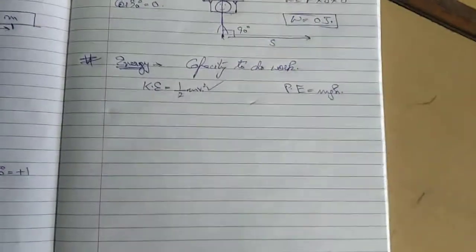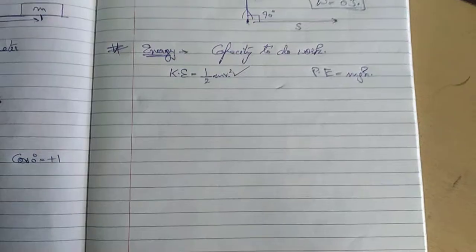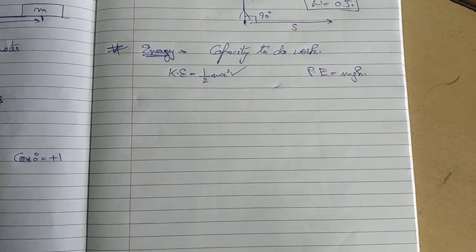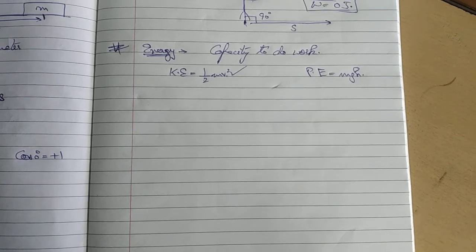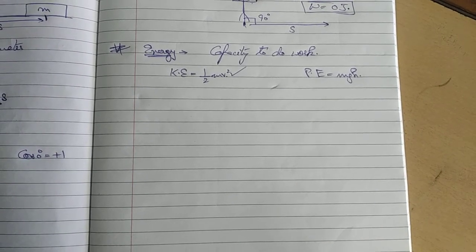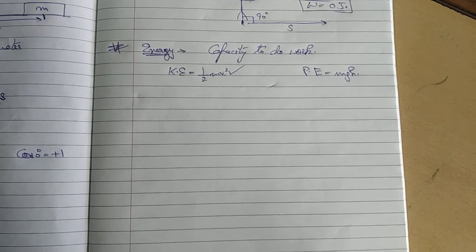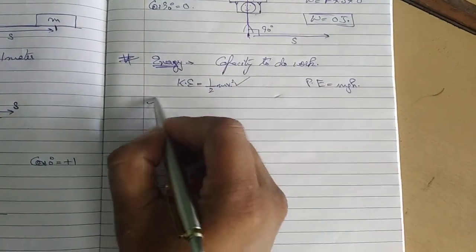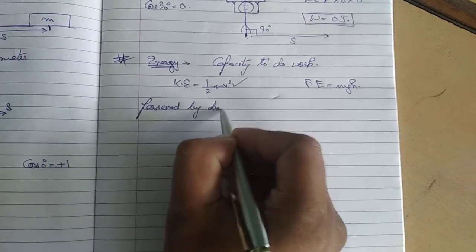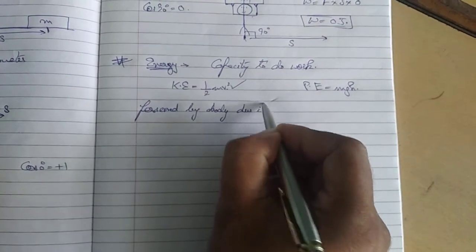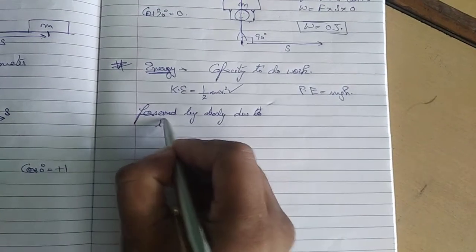If this bullet is placed in a gun and shot, the bullet will penetrate the window easily, which means we are giving it enough velocity to penetrate the window. So kinetic energy is the energy possessed by the body due to its motion.